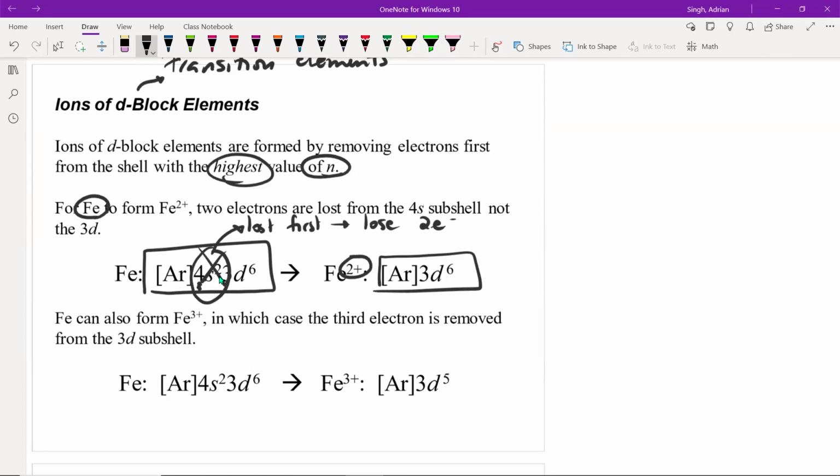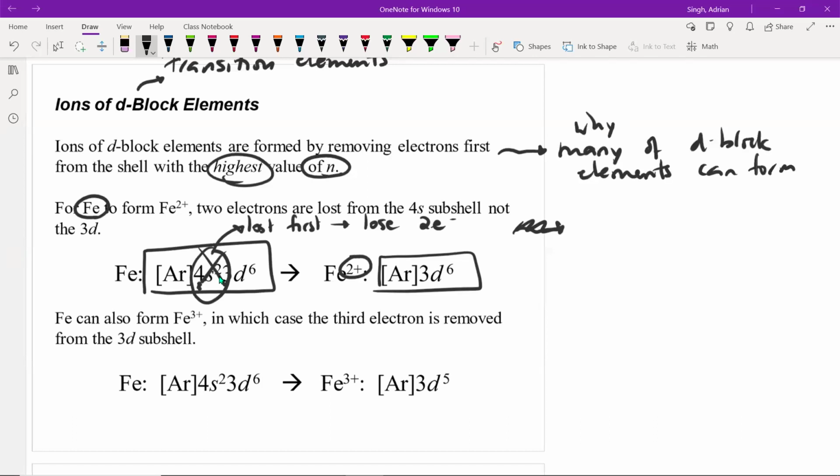Okay, so this explains why many of the D block elements can form +2 charges.